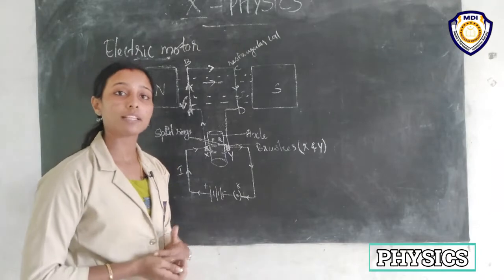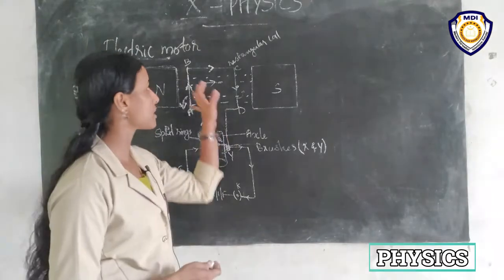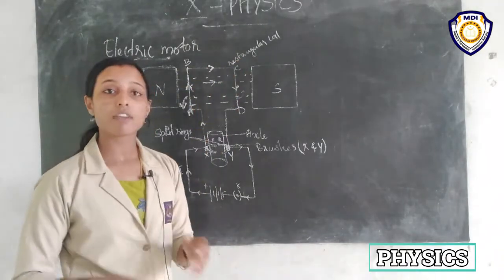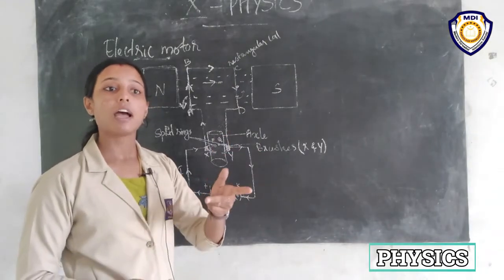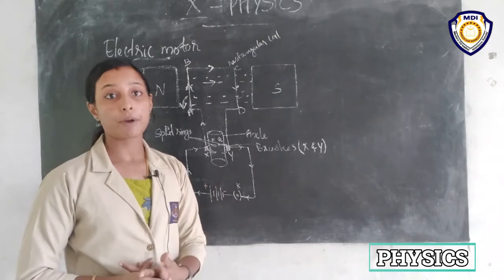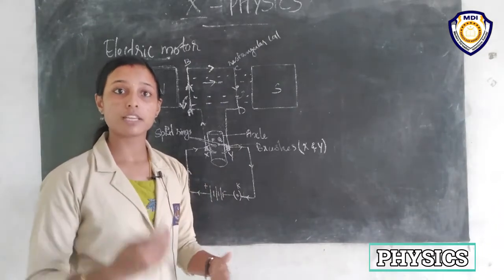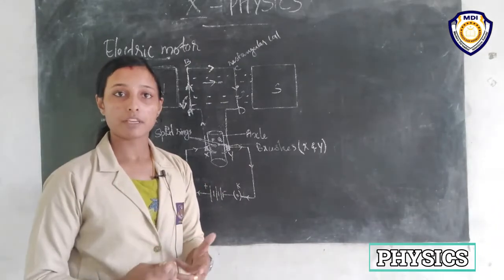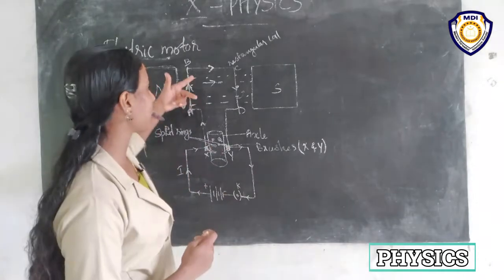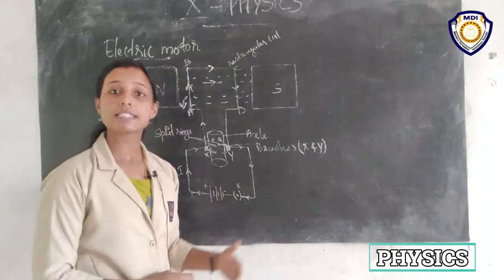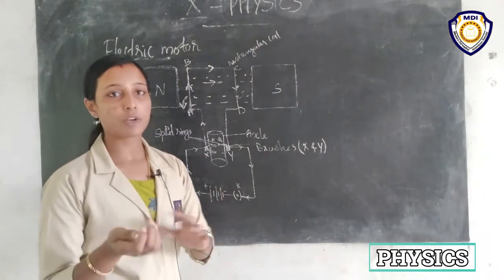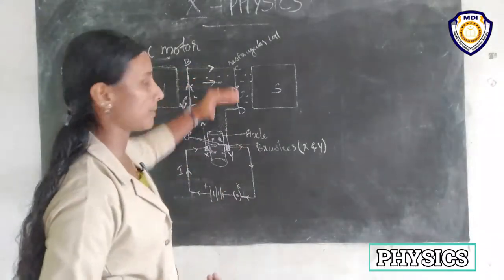To find the direction of magnetic force, the magnetic field and the current should be in mutually perpendicular directions, but here both of them have the same direction. So there should be no force experienced by this side BC.